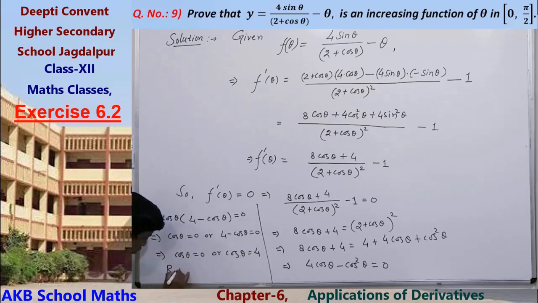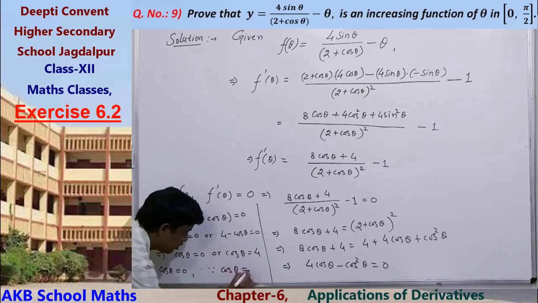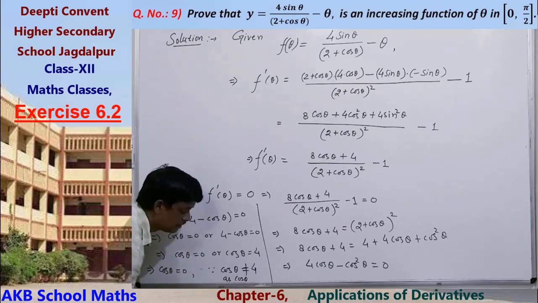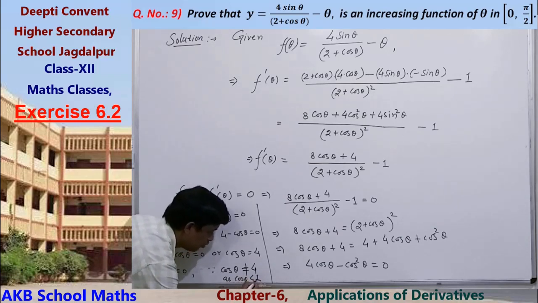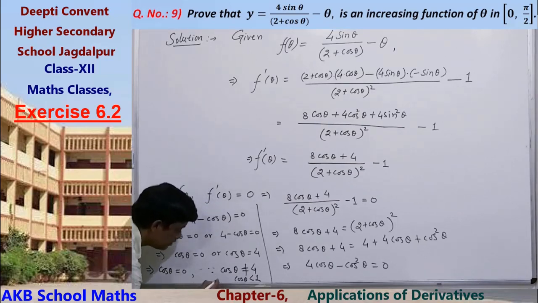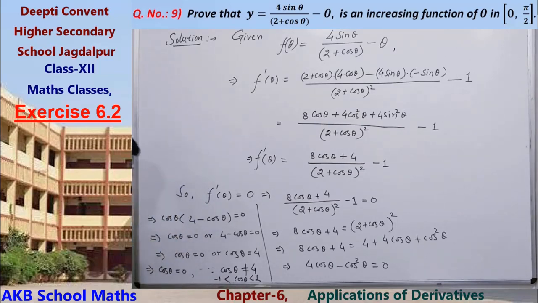But we know that cos theta equals 0 only. Cos theta equals 0, since cos theta does not equal 4, as cos theta always lies between minus 1 and plus 1.